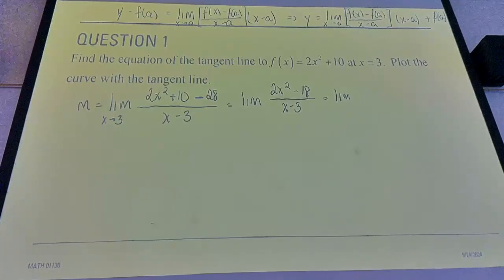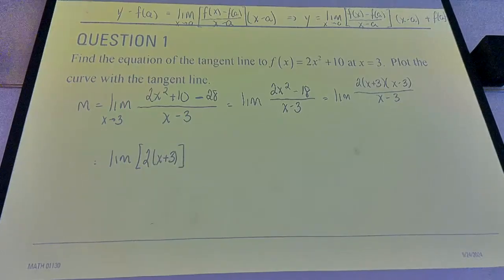2 distributed to x minus 3, x plus 3. What's that limit? What is it?